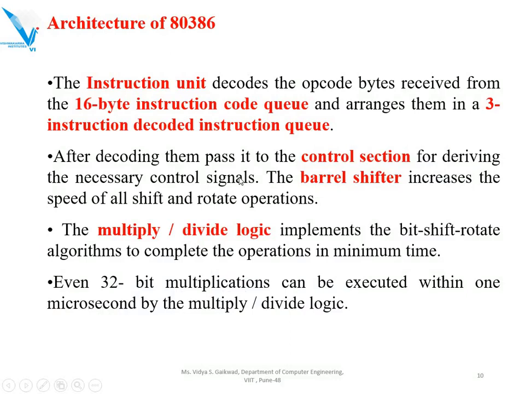After decoding them, pass it to the control section for deriving the necessary control signals. The barrel shifter increases the speed of all shift and rotate operations. The multiply or divide logic implements the bit shift rotate algorithms to complete the operation in minimum time. See, here even a 32-bit multiplication can be executed within a microsecond by the multiply or divide logic.